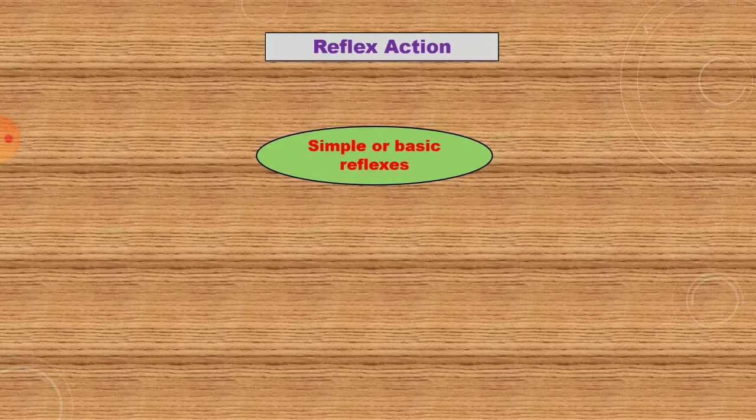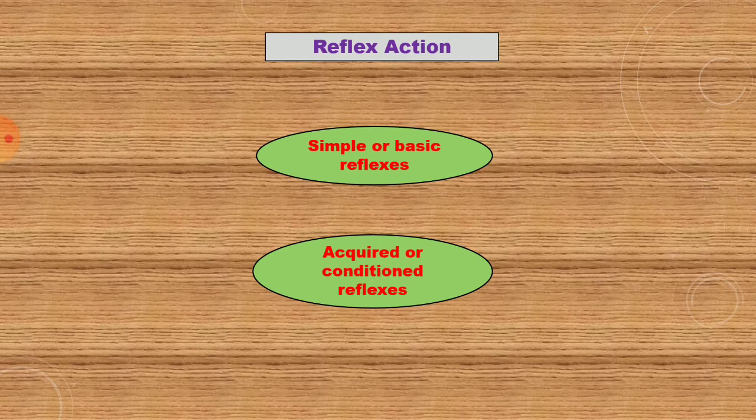First, simple basic reflexes are inbuilt, present inside the body already, unlearned responses. In our day-to-day life, for example, winking of eyes, sneezing, coughing, yawning are simple or basic reflexes.